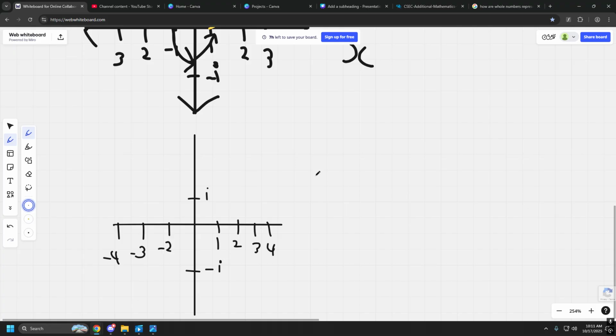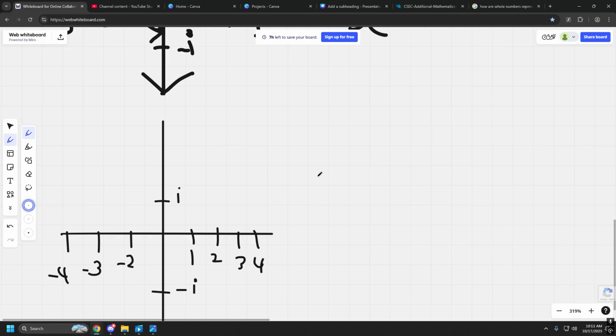Let's say we're trying to plot a number like 2 plus 3i. Then you would go to 2 on the real axis, and then you would find where 3i would be on the y-axis.